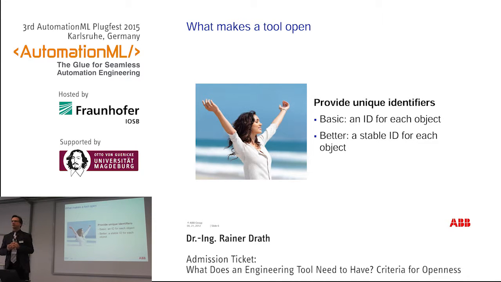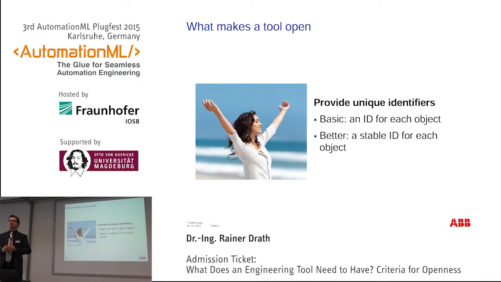Second, and here we come already to some weak points in typical engineering tools. What we need is identifiers for each object. And if you go over the fairs, you often see that they assume the name of an object as the identifier. This is not a good identifier. Names can change.